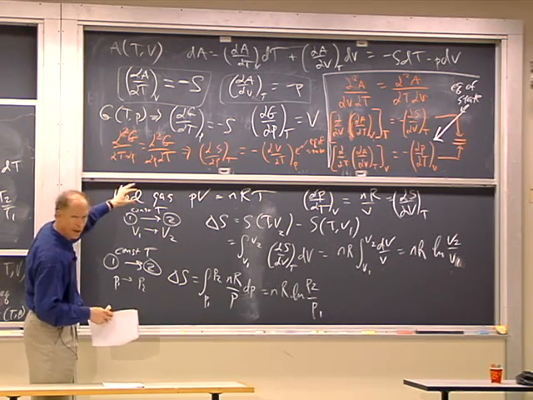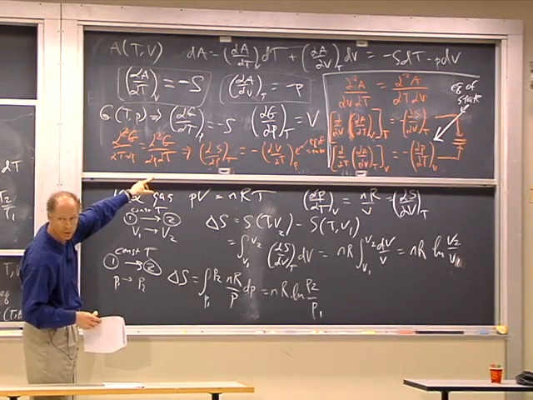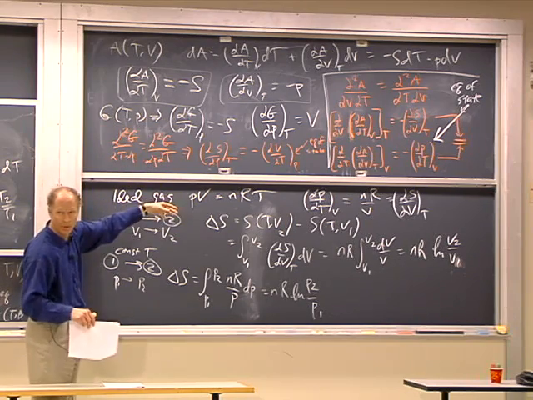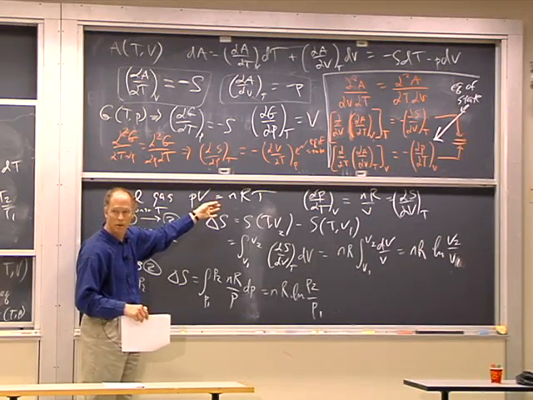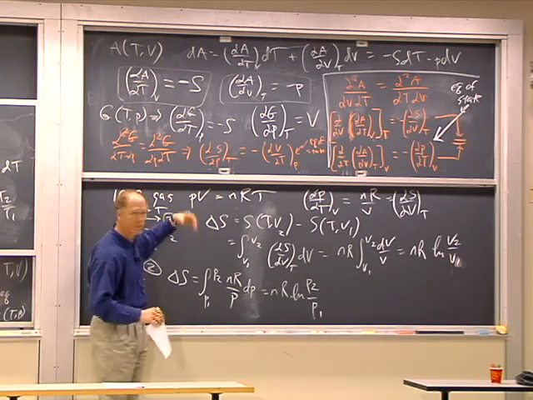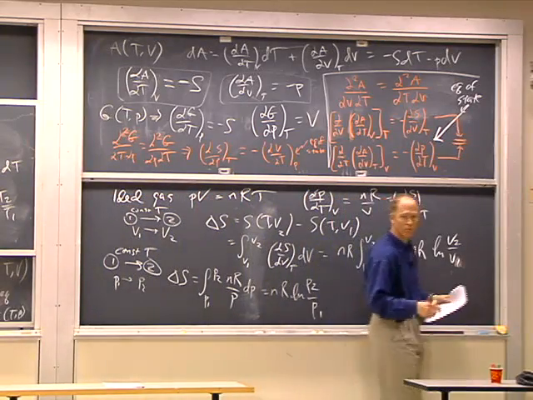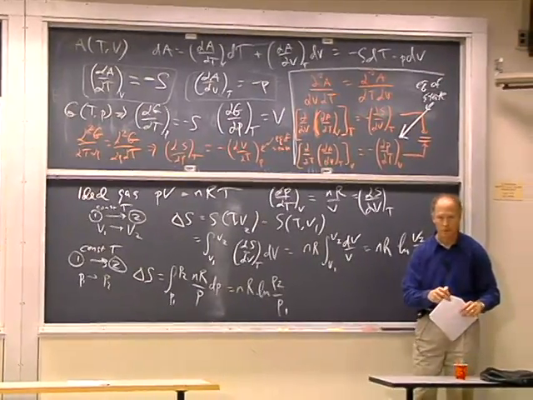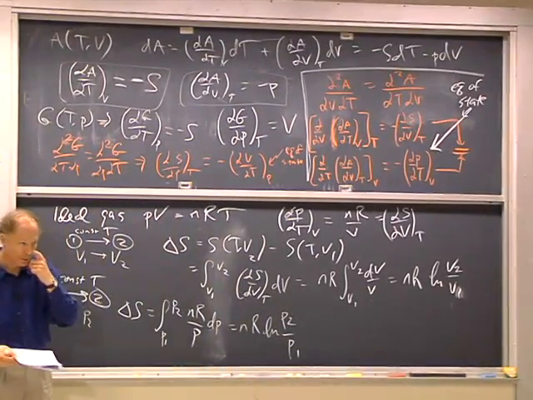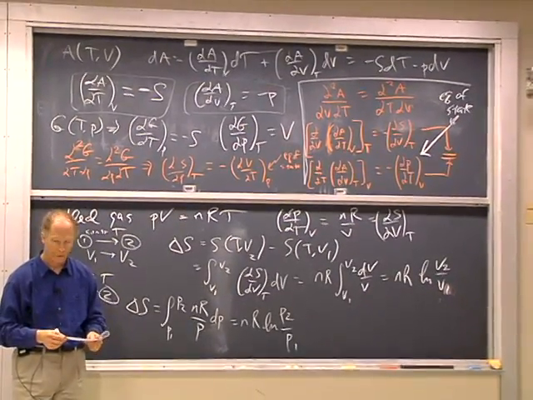And what's fallen out when we do that, because in each case one of the first derivatives gives us the entropy, then the second derivative gives the change in entropy with respect to the variable that we're differentiating with respect to, which is either pressure or volume. And the useful outcome of all that is that we get to see how entropy changes with one of those variables in terms of only V, T and P, which come out of some equation of state. And all we did further is take that mixed second derivative and of course see that either way we do that, we'll have an equality. Okay?